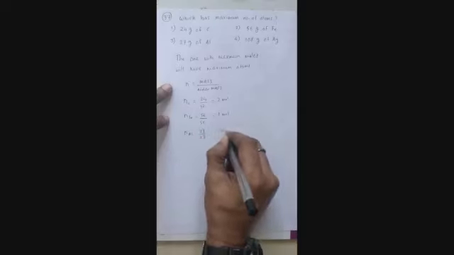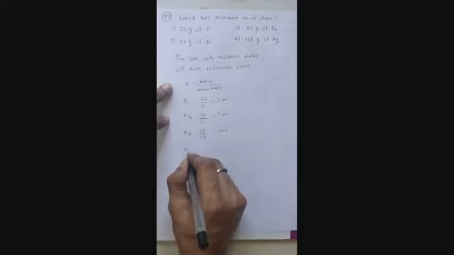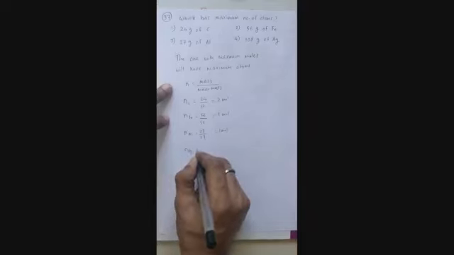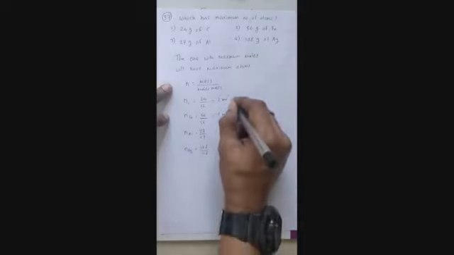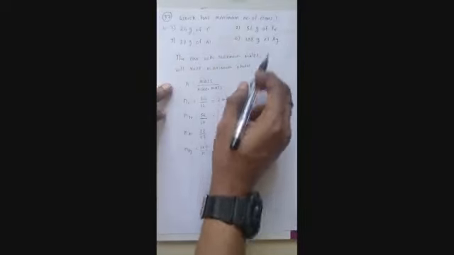This is again 1 mole. And the last but not the least, mass of silver is the given weight upon atomic weight. This is again 1 mole. So this is your answer. 24 grams of carbon will have maximum number of atoms. Let's see the next question.